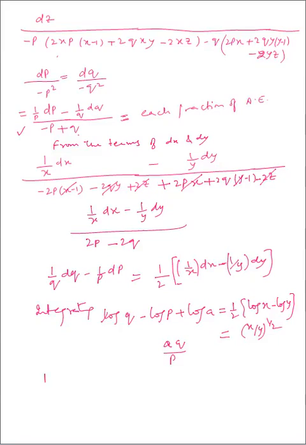Now we rewrite the given equation, and given equation is px plus qy minus z whole square. If we see this comes p square x square, then plus q square y square plus z square minus 2pxz minus 2qyz plus 2pq xy.